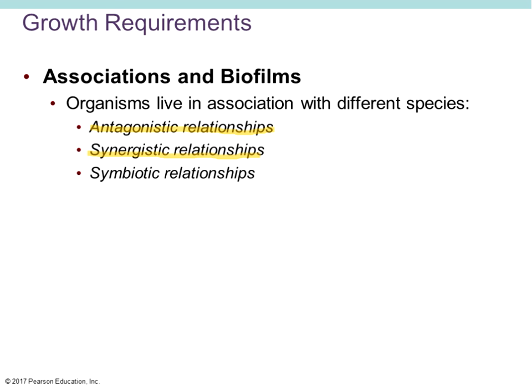A lot of times, organisms can have an antagonistic relationship with one another, which means kind of like they're warring. They're either fighting over resources, space, or nutrients, but one is going to outcompete the other. And a symbiotic relationship, remember we talked about the endosymbiotic theory, where we believe mitochondria and chloroplasts were their own prokaryotic cells, and then larger eukaryotic cells engulfed them.